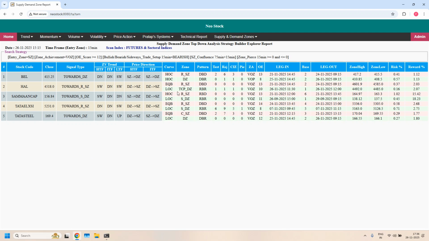Okay. Entry time frame zones, because it is a bearish trade setup, all these 15 minute supply zones overlapped with daily supply zone, 75 minutes supply zone, and 75 minutes trend is downtrend.